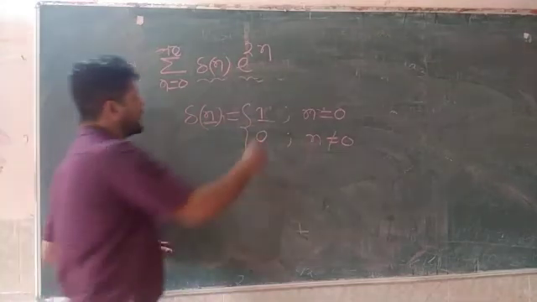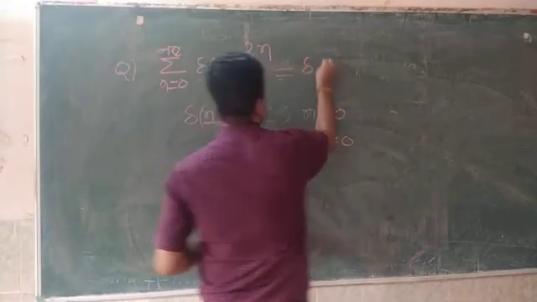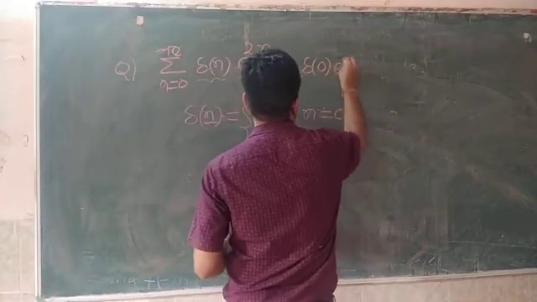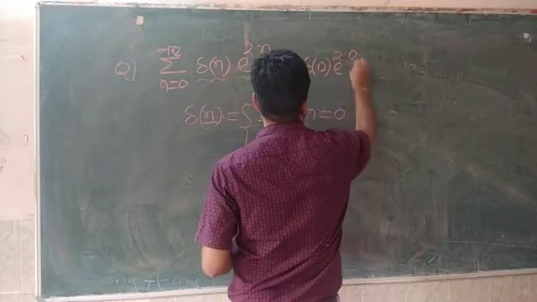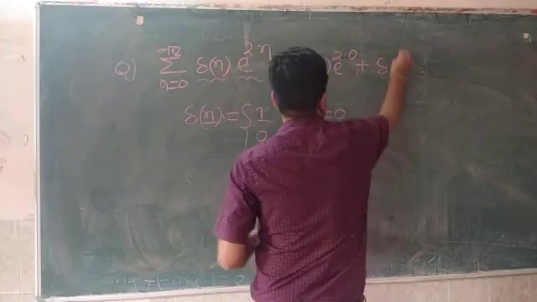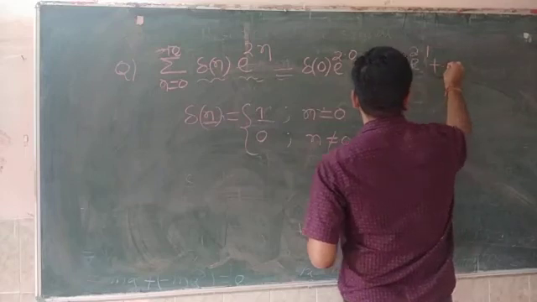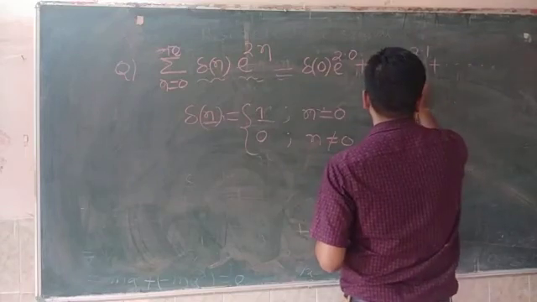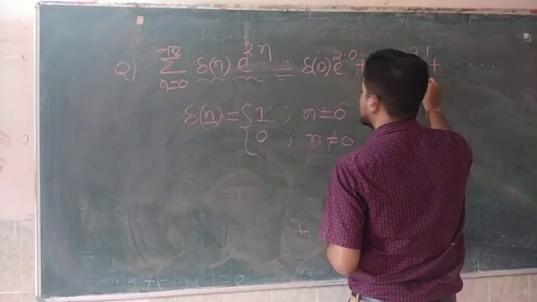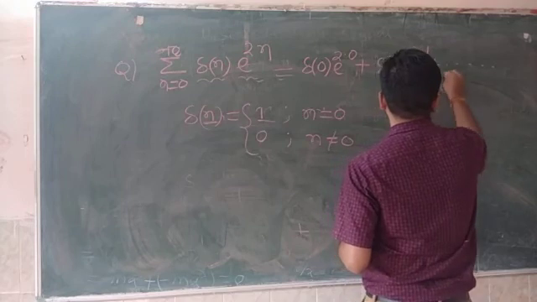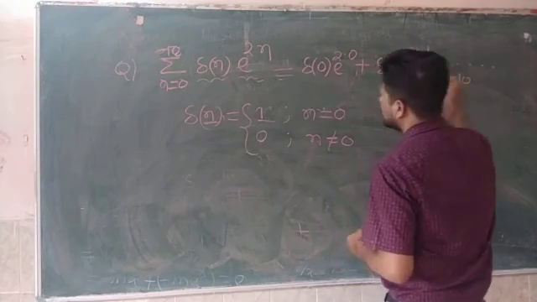For example, if I expand it, it will look like this: del of 0 e to the power 2 into 0 plus del of 1 e to the power 2 into 1 plus, like that, up to plus del of 10 e to the power 2 into 10.